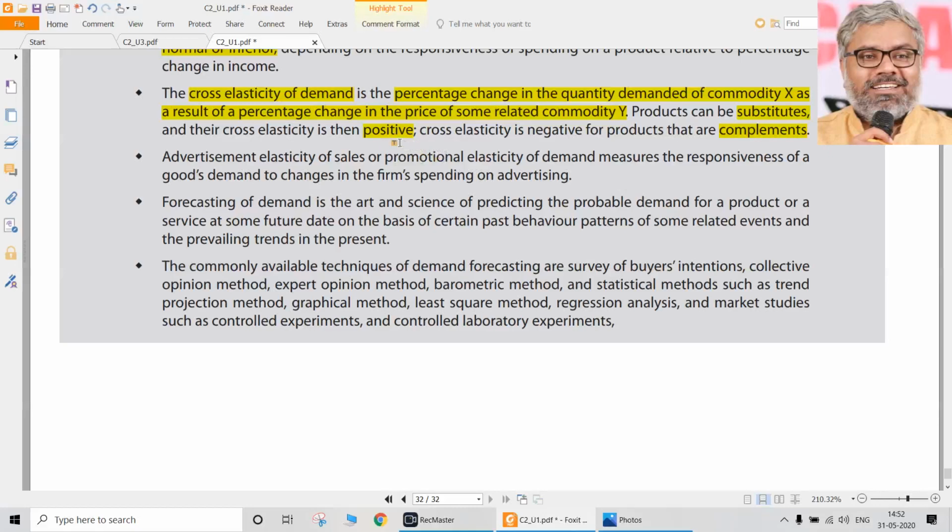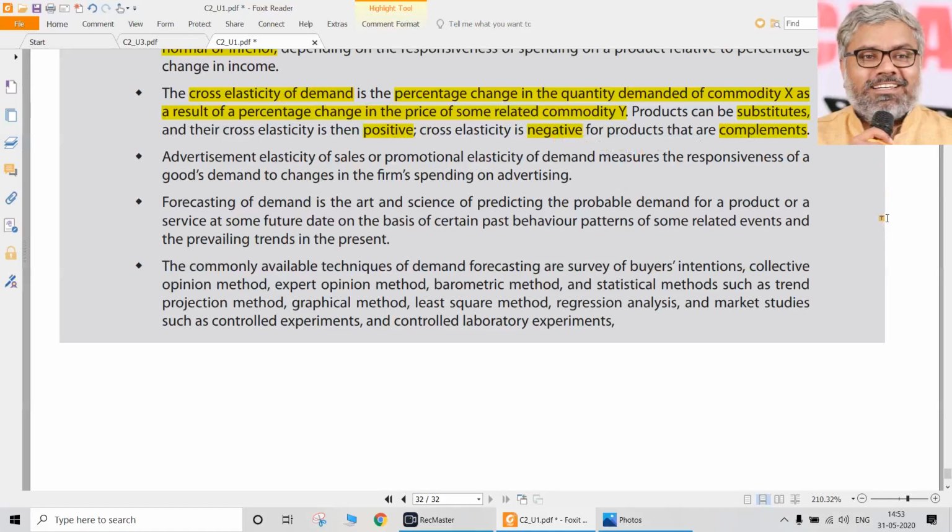That is a positive, direct relationship. What about complements? That relationship is negative. If the price of the complement increases, then the demand for the original commodity decreases. In the same way, if the price of the complement decreases, the quantity demanded or demand for the original commodity increases. That means the relationship is an inverse relationship.